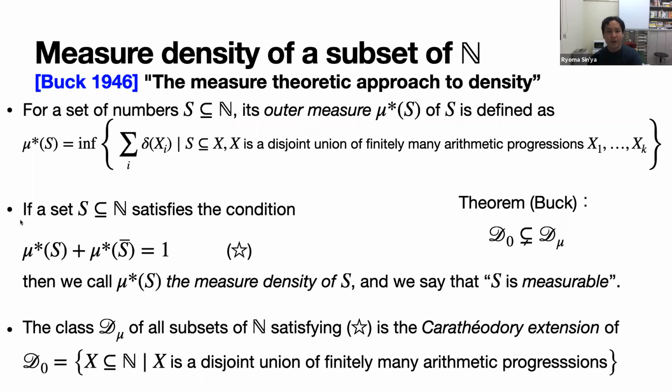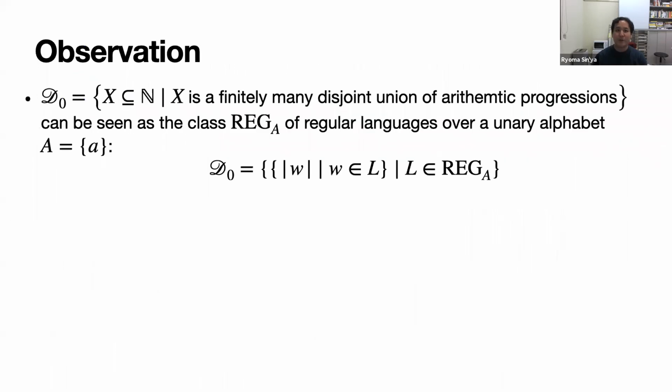So now here I want to describe some observations from a formal language theoretic viewpoint. Because this domain D0 can be seen as the class of regular languages over a unary alphabet. Here, unary alphabet means the alphabet consists of only one letter a. So we can see D0 as the class of regular languages because this equation holds.